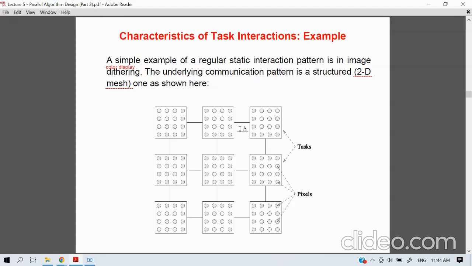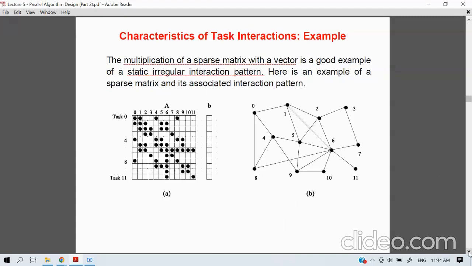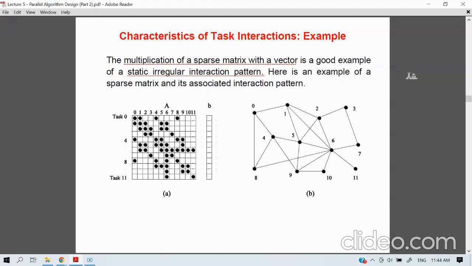Okay, so far so good, anak-anak? Okay, Alhamdulillah. So let's look at another example. The previous one was regular static interaction. This one is static irregular. Why irregular? This is the example of multiplication of a sparse matrix with a vector.